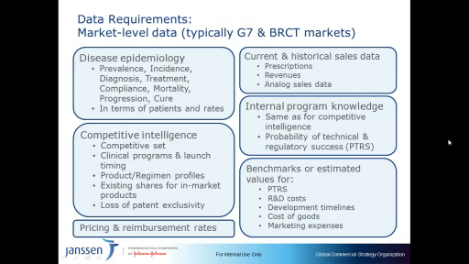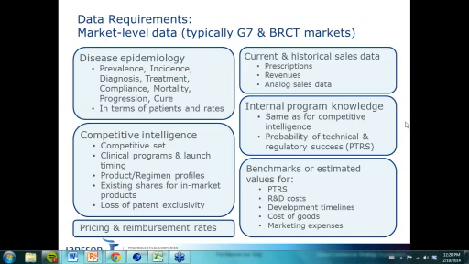The data requirements for conducting that kind of a strategic planning process are many, and they're listed here at a high level, and I go into a little bit of detail. Typically we need market level data, and we need it from the G7 markets, and those are the U.S., the European 5 countries, which are France, Germany, Italy, Spain, and the UK, and Japan.